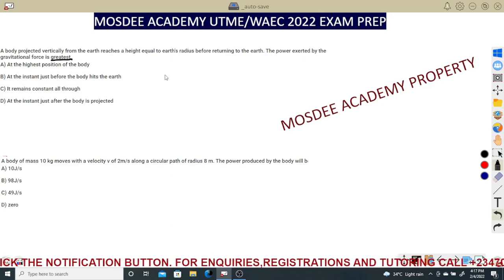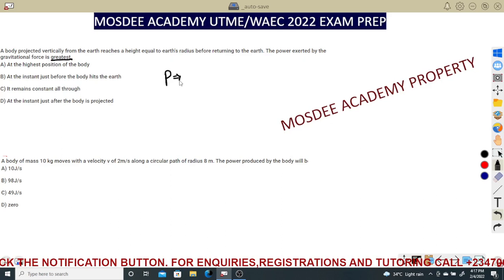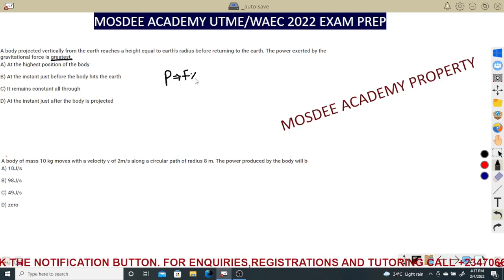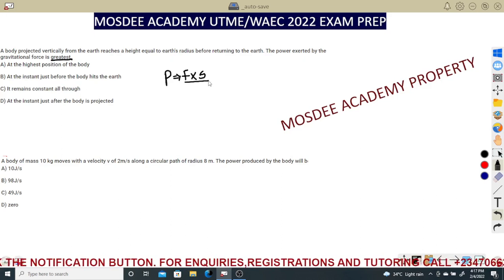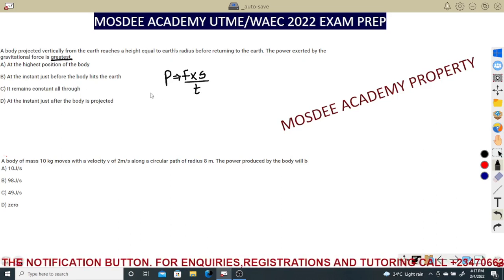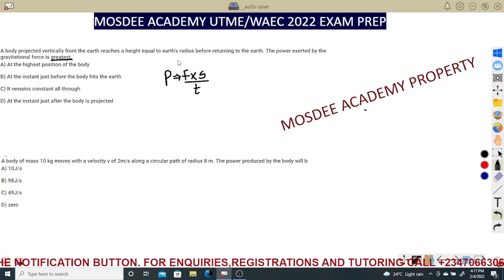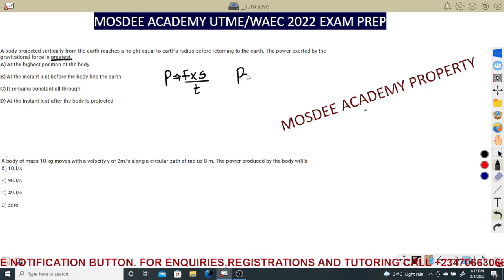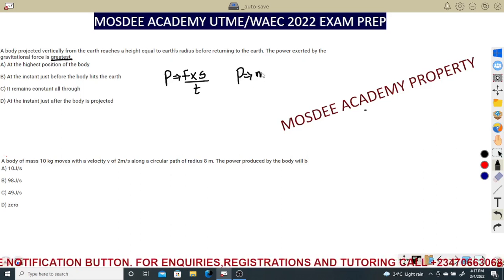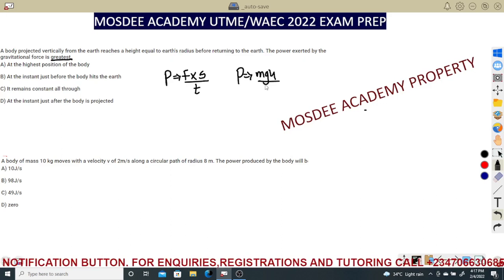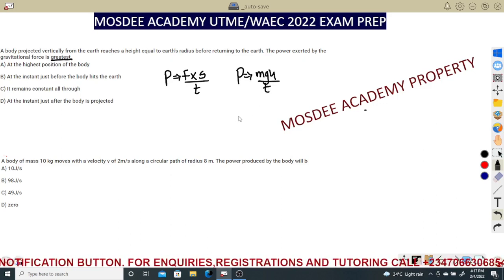Now, we said just now that power is equal to work done over time, and power is equal to force times distance over time. From here also, distance over time is velocity, and the body is projected upward and reaches a height. The way I've written this the other time, power equals mgh over time. You can see we are basing all these things on a particular concept.